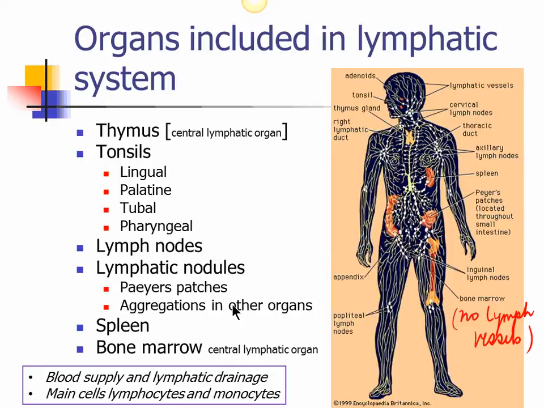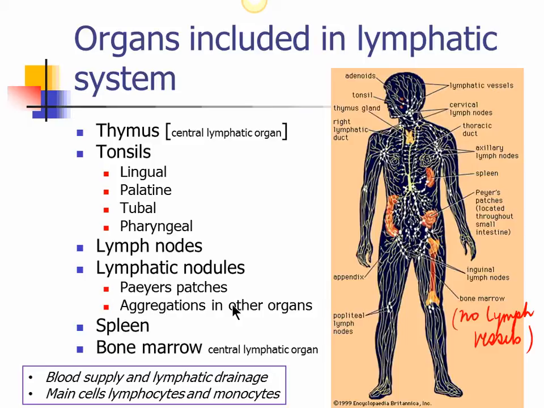You breathe in air, you take in all kinds of food, so pathogens can go in. A urinary tract infection could spread from below. So wherever there is the possibility of an infection, the body wants to protect it, so you have these aggregations or collections.